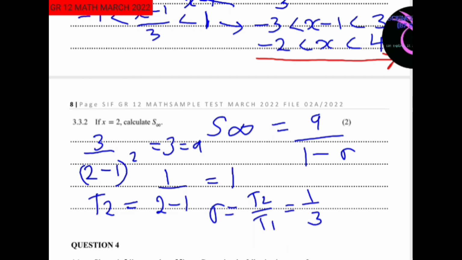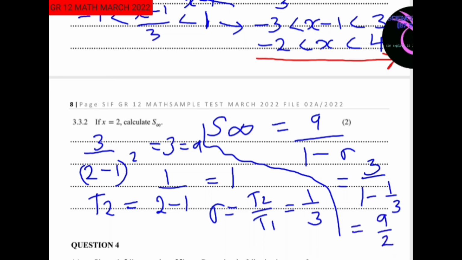So I've got a and r. Now I can continue this formula, which gives me 3 over 1 minus 1 over 3. So 3 divided by 1 minus 1 over 3 gives me 4.5 or 9 over 2.